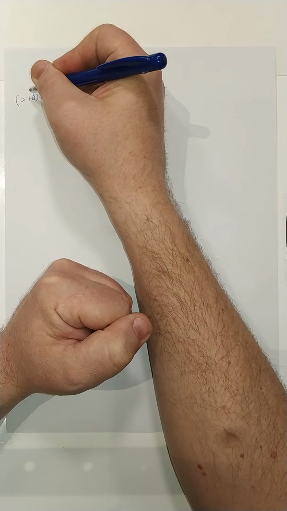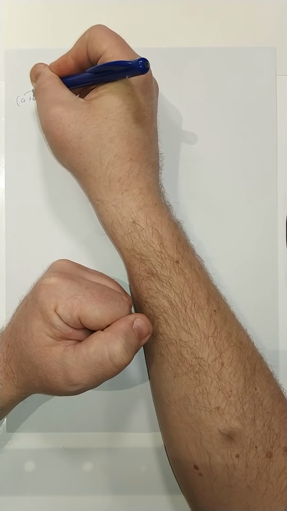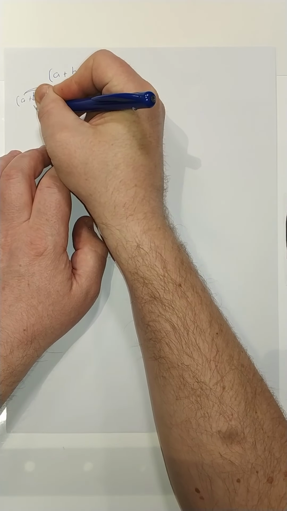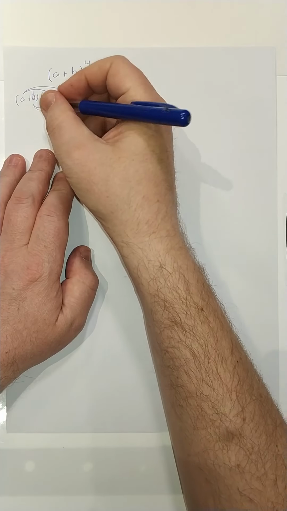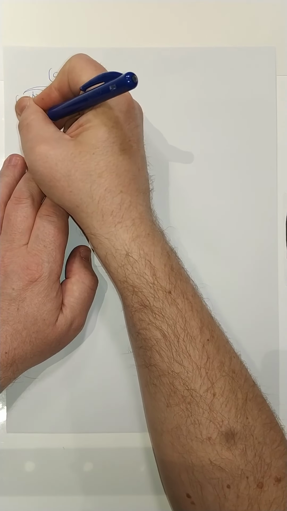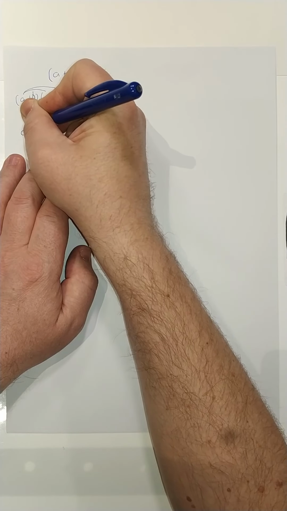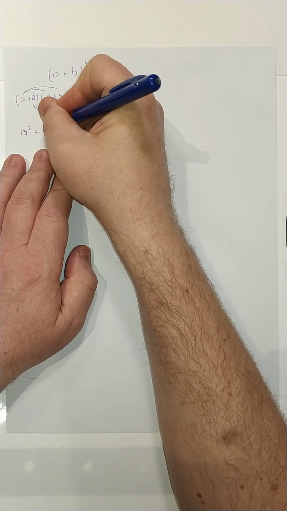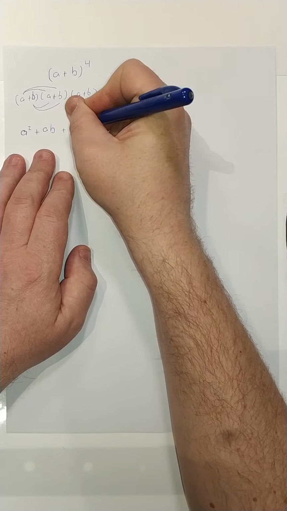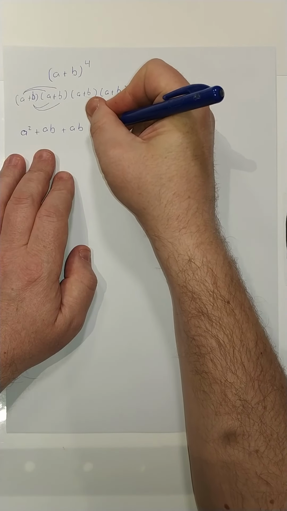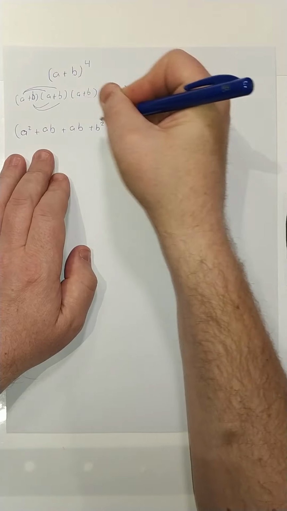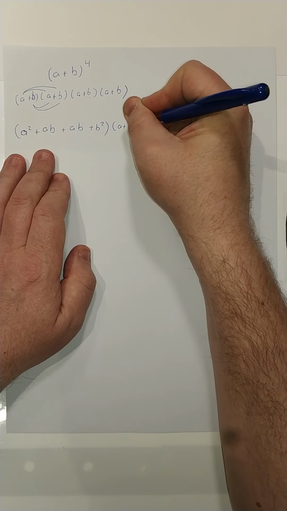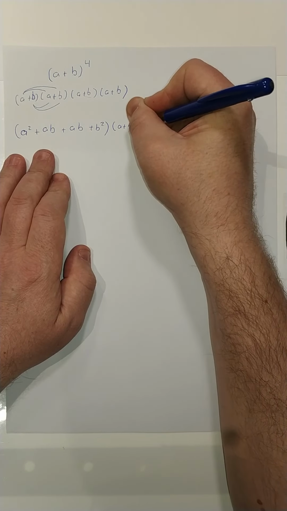So we know that a needs to be multiplied by a and b, and b should be multiplied by a and b. So what we'll get is a times a is a squared, plus a times b is ab, and b times a is ab, and b times b is b squared. And then of course this needs to be multiplied by the other two brackets, a plus b, a plus b.